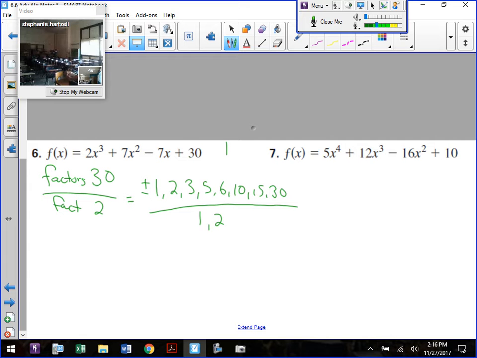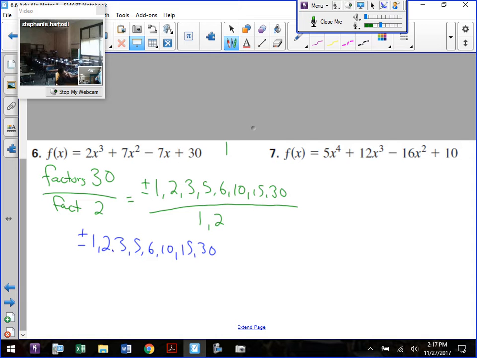Now, in this case, you get two sets of possible solutions. You have 1 divided by 1, 2 divided by 1, 3 divided by 1, and so on. So you wind up with plus or minus 1, 2, 3, 5, 6, 10, 15, 30.